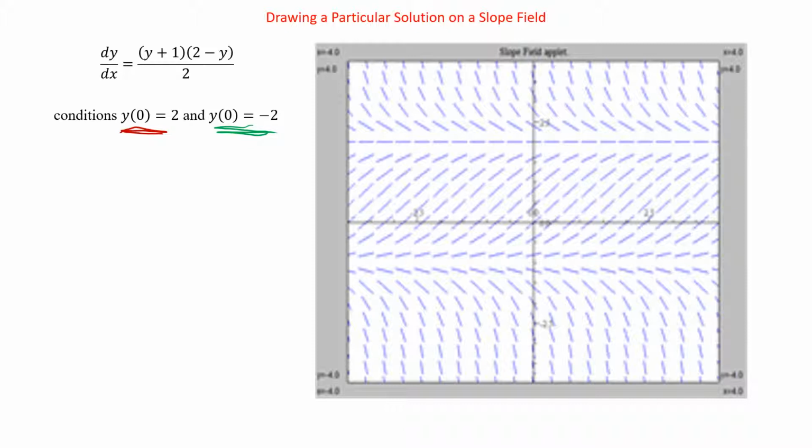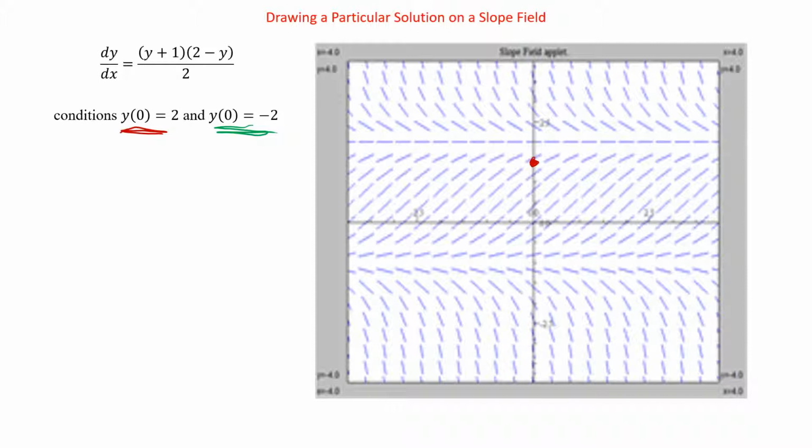So for y of 0 equals 2, we just start out at 0, 2, which the tick marks here don't really work out too much because that's 2.5. 2 is going to be right about there. And then we're going to draw the solution from here. We're going to follow the lines. We're going to go where they tell us. We don't want to be crossing the lines because that means we're going at different angles, different slopes than what it's telling us.